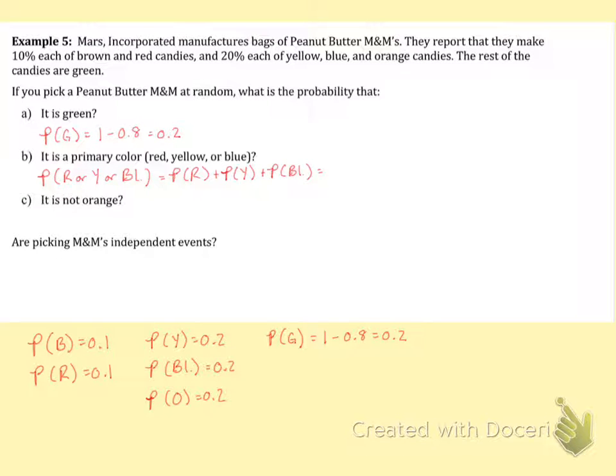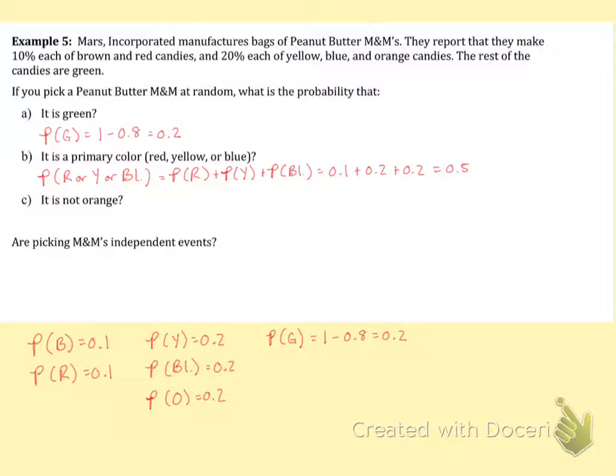Well, the probability that a candy is red is 0.1, yellow is 0.2, and blue is 0.2, giving us an answer of 0.5.